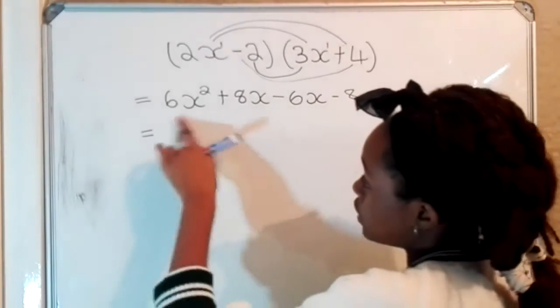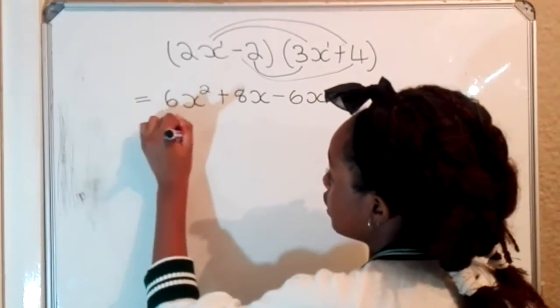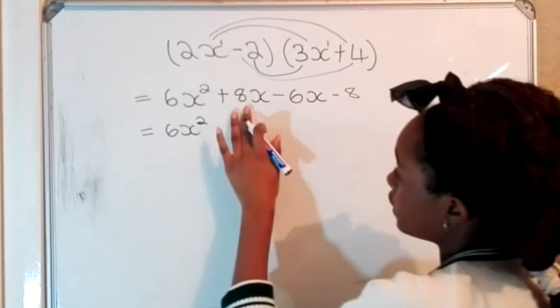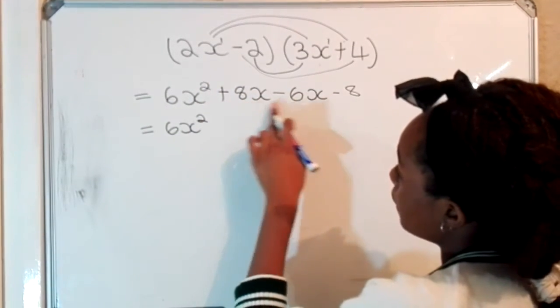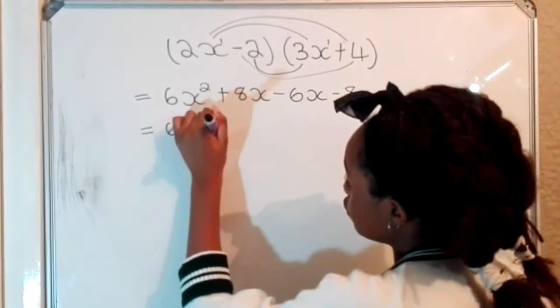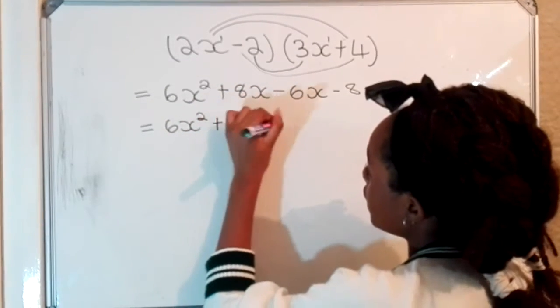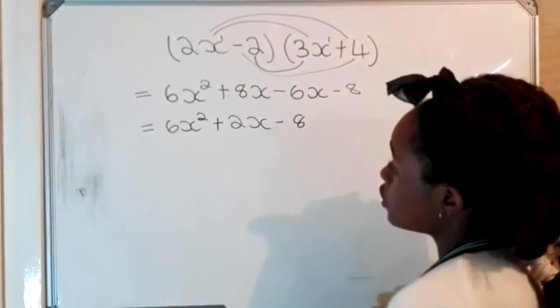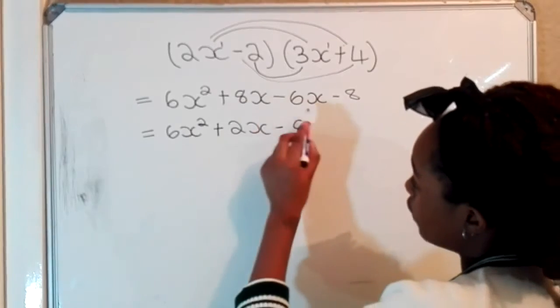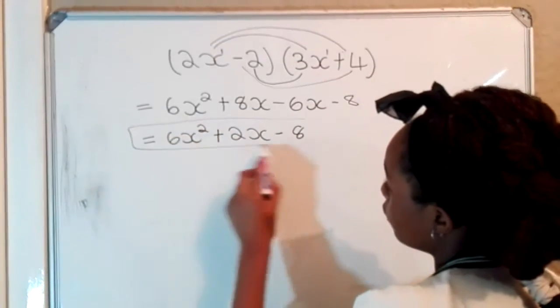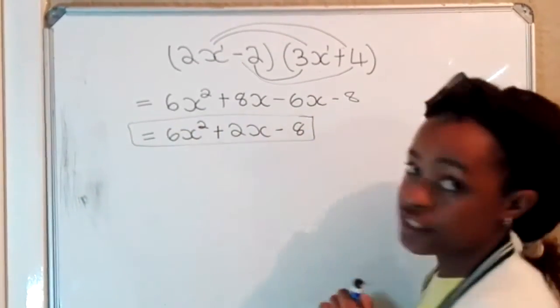So we're left with 6x squared, and because these are like terms, 8 minus 6 gives you plus 2. So we have plus 2x and minus 8. We can't do anything here because we don't have like terms, so we're left with this polynomial as our answer.